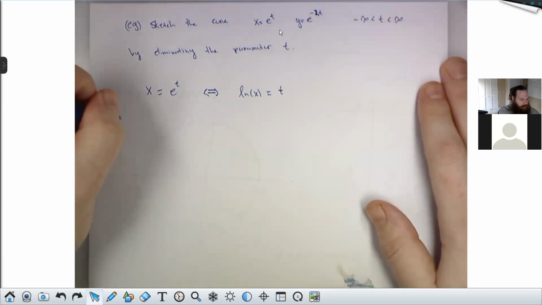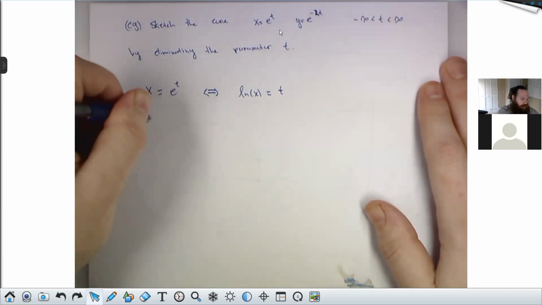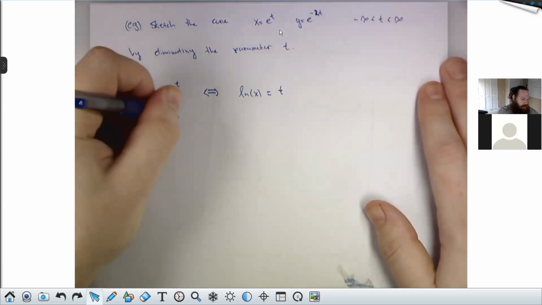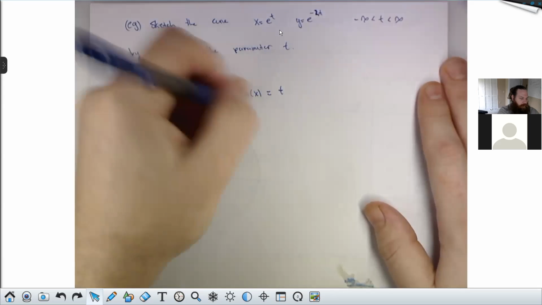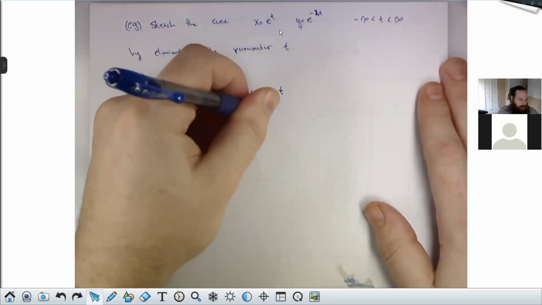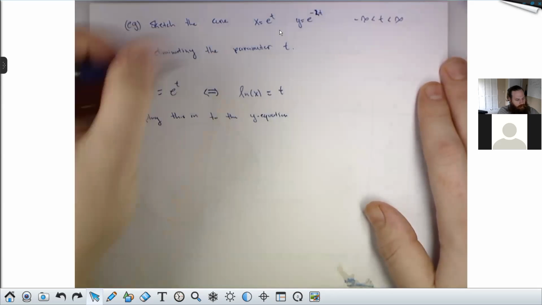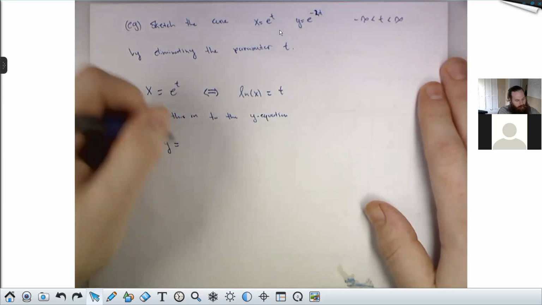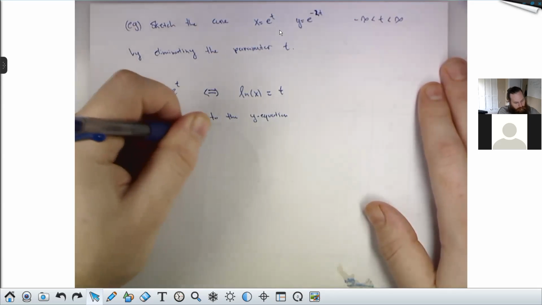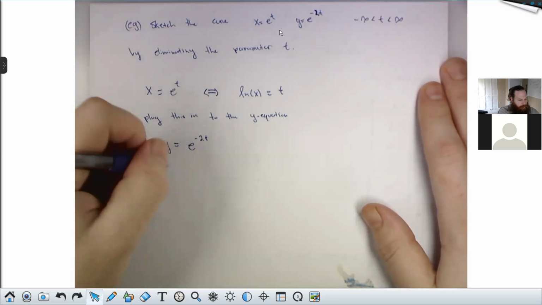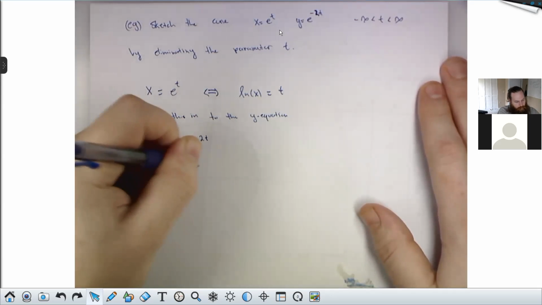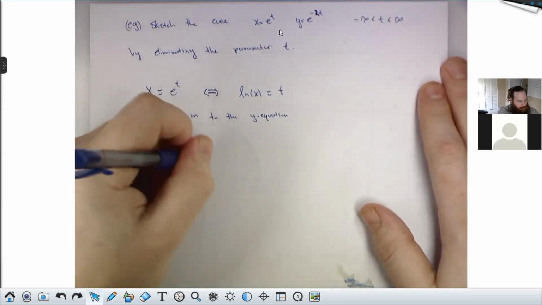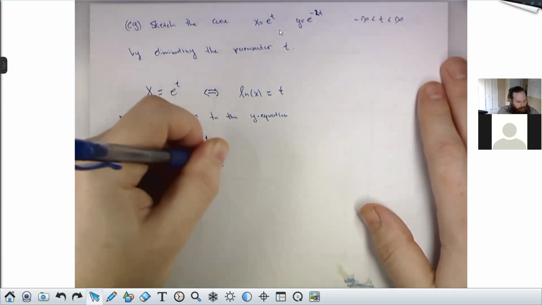And now plug this in to the y equation. Y is e to the negative 2t, which would be the same as e to the negative 2 ln x.